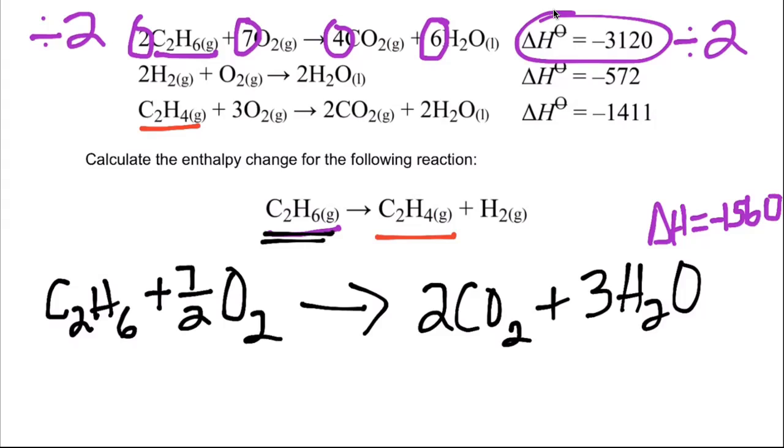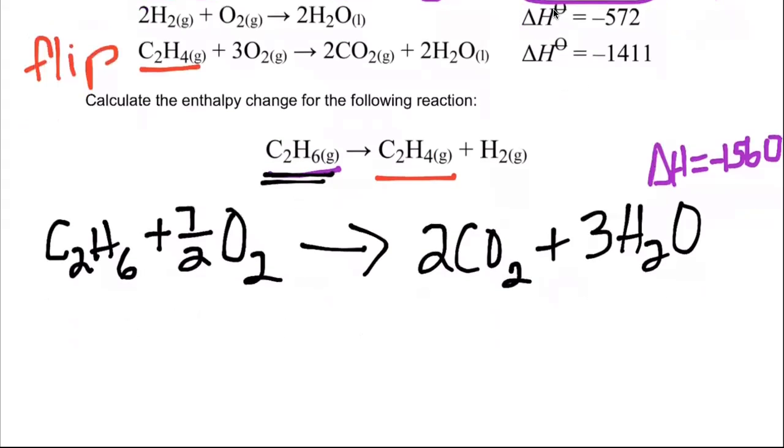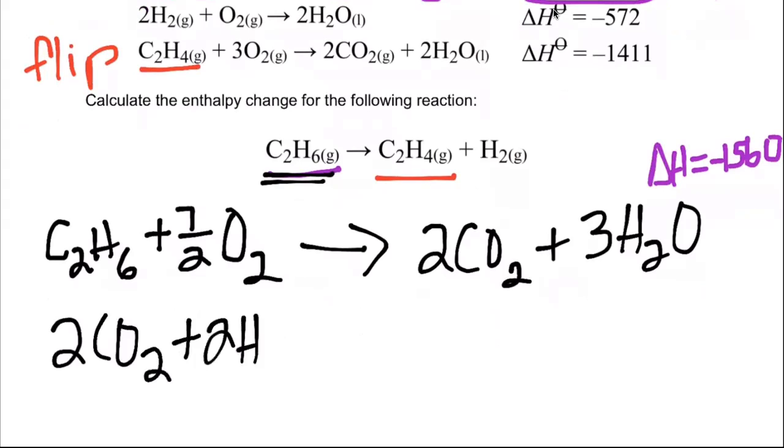So in this one, I'm going to flip my reaction. Okay, I'm going to switch them. And so I'm going to make the reactants products, and I'm going to make the products reactants. Okay, and so if I rewrite it now down here doing that, now my reactants are going to be 2CO2 plus 2H2O. And my products are the C2H4 and the 3 oxygens.